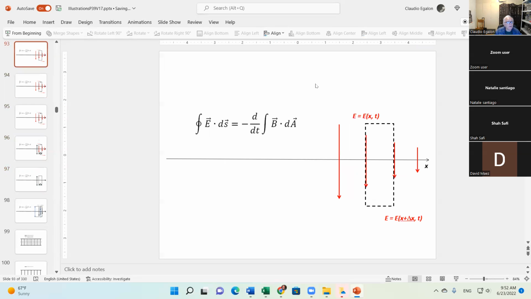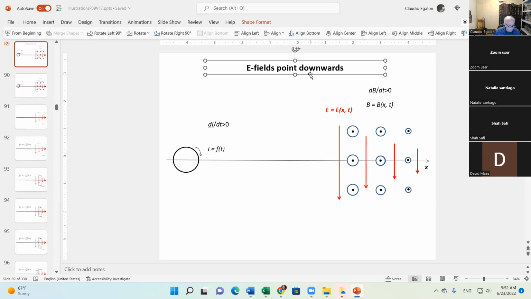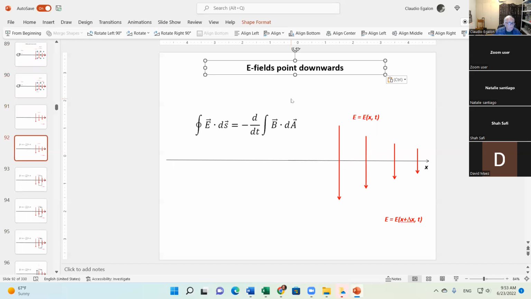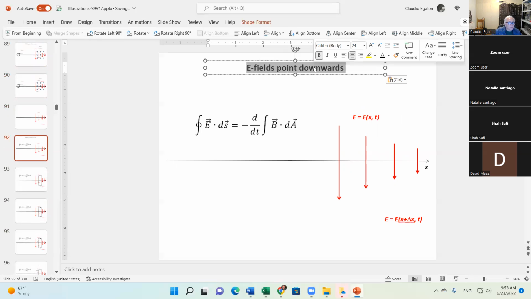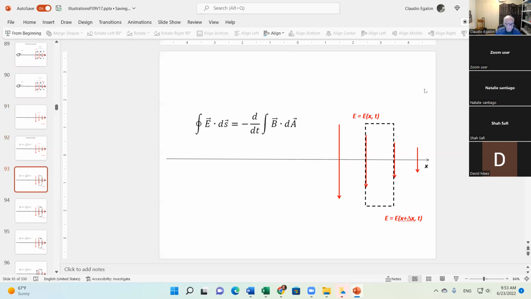So let's document here. The next one here is going to be: calculate the left side of the integral. Calculate this integral.